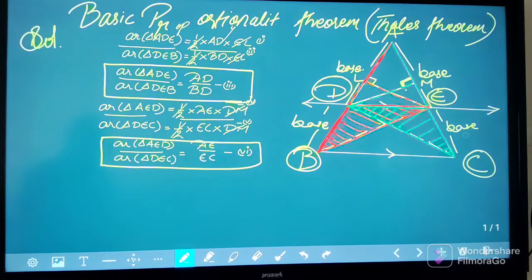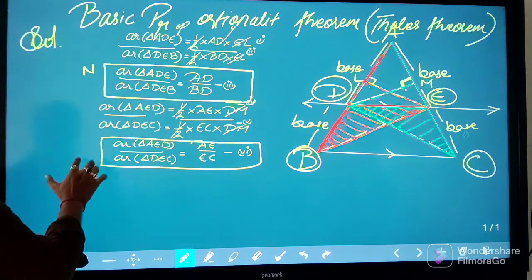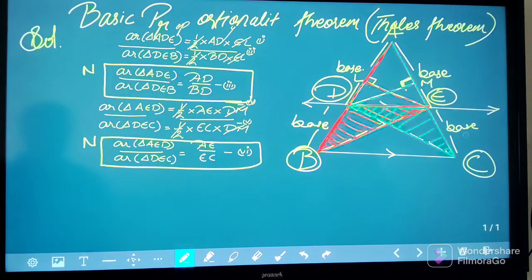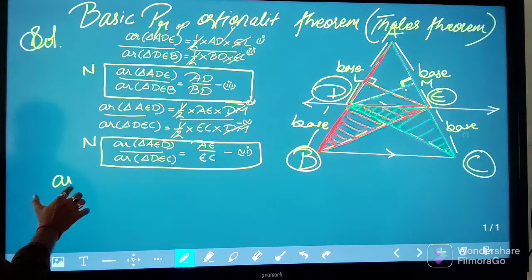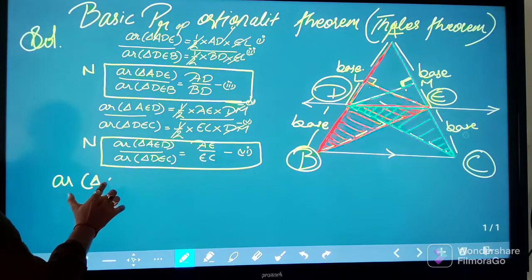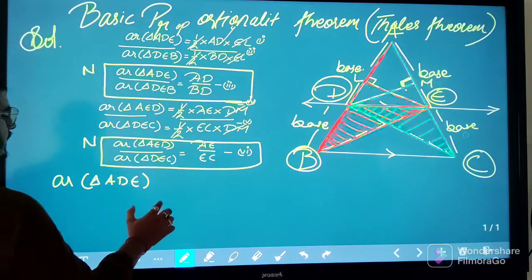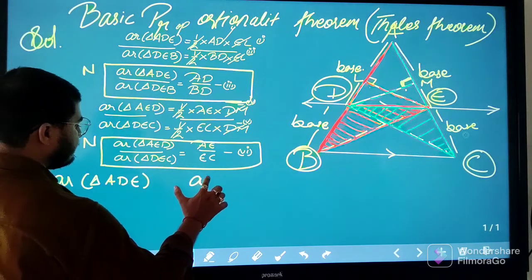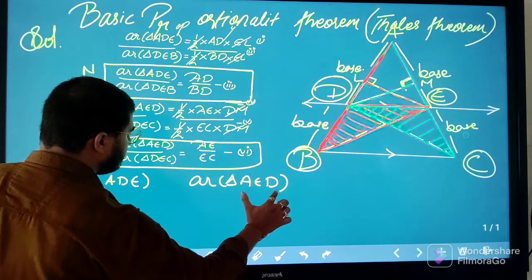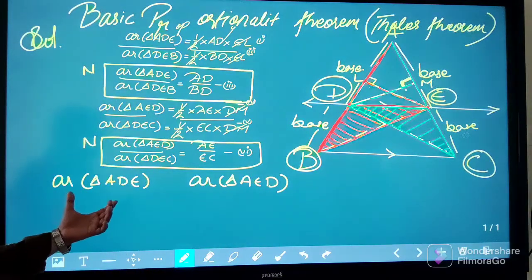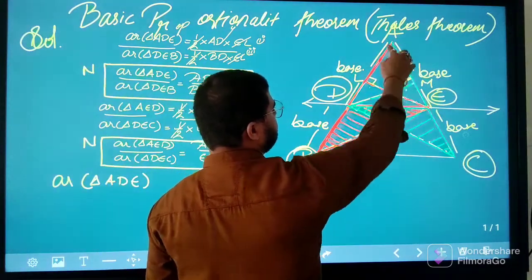Now in these two important results, what you can say about the numerator? The numerator here, in the third one, is area of triangle ADE. Am I correct? And in the sixth one, the numerator is area of triangle AED, if we are talking about the left hand side. So guys, please tell me, can you see the triangle ADE?